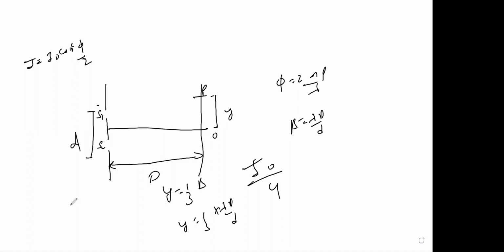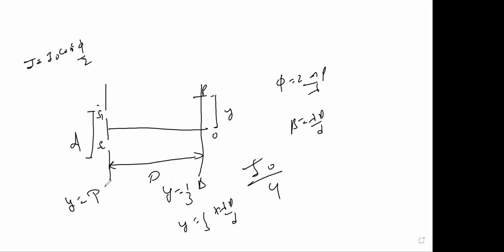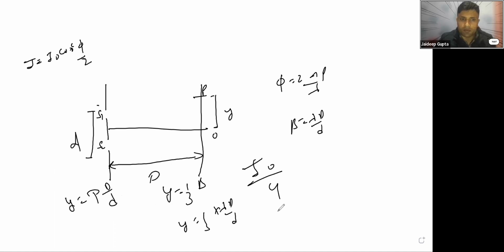Y is basically the distance from the central bright fringe. The path difference is y d over D, which equals lambda D over d times d over D. D will cancel out. So path difference equals lambda over 3.